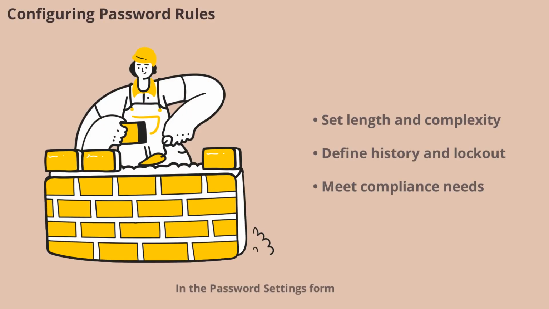In the Password Settings form, you can specify all the details for your FGPP. Set the minimum and maximum password length, require complexity, define password history, and configure account lockout thresholds. These options let you tailor the policy to meet your organization's security standards and compliance requirements.